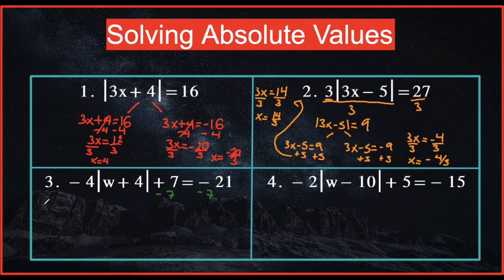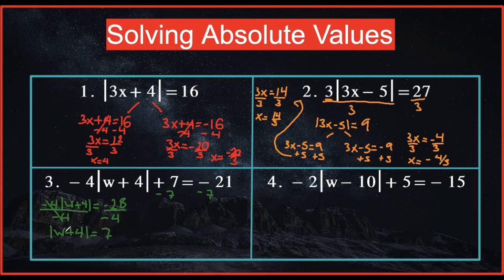So here we're going to have -4 times the absolute value of w plus 4 equals -21 minus 7 is -28. Then we're going to divide each side by -4 so that we get the absolute value by itself. So we'll have the absolute value of w plus 4 equals -28 divided by -4 is 7.